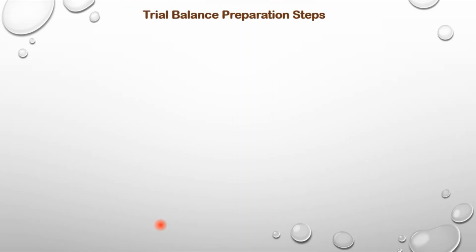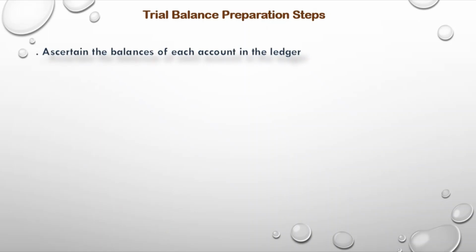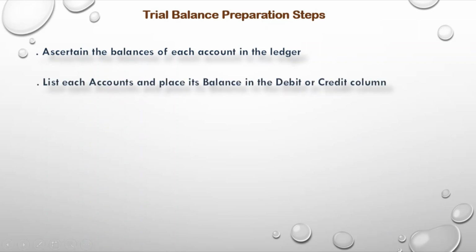Now preparation steps. To start preparing trial balance, an accountant must ascertain the balances of each account in the ledger so that the account balances couldn't be wrong. So you have to be careful while transferring balances from journal to ledger.